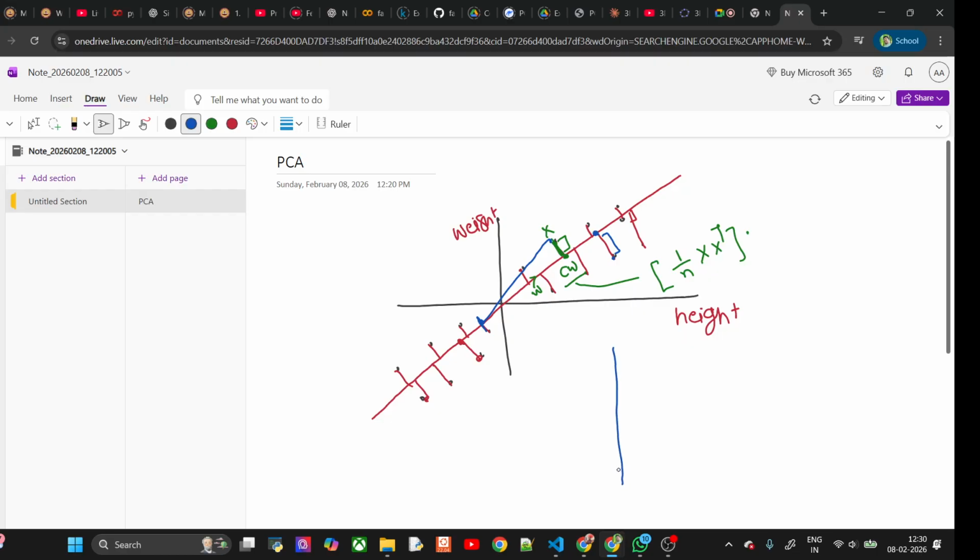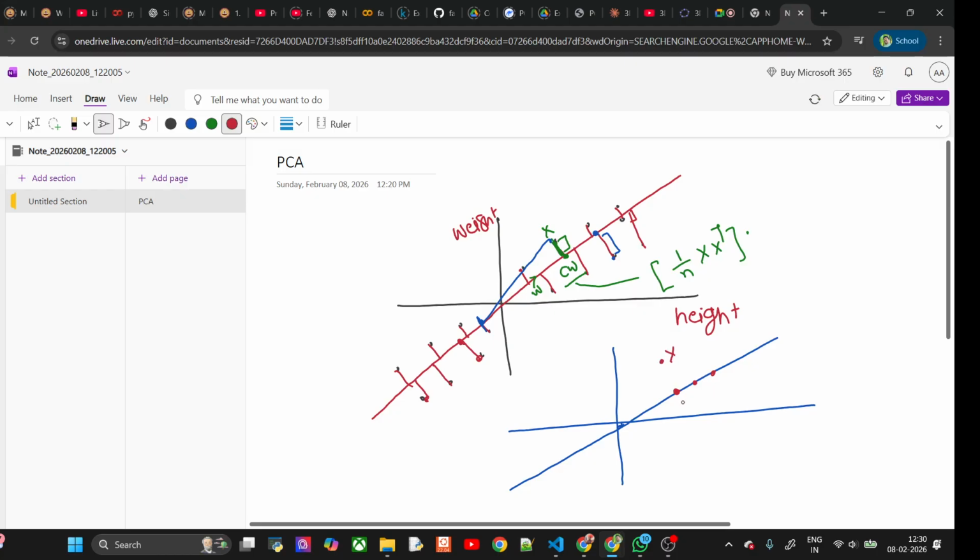So these are the projections, projected points. The actual point is here, and this is called the projected point, the projected point on L1, the projected point on L. For example, if it is line L, so this is a projected point.